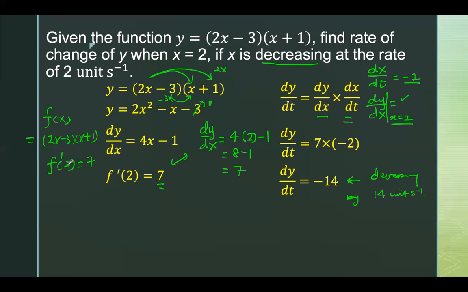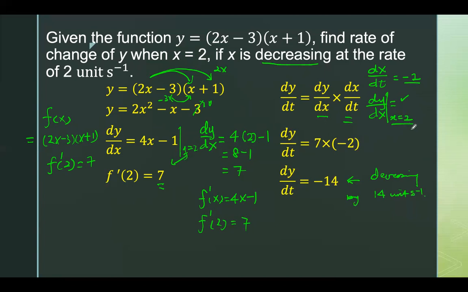So why do you have 2 here? f'(x) is actually 4x minus 1, so when we substitute x equals 2 we get 7. That's why you put 2 here. You have to know this.